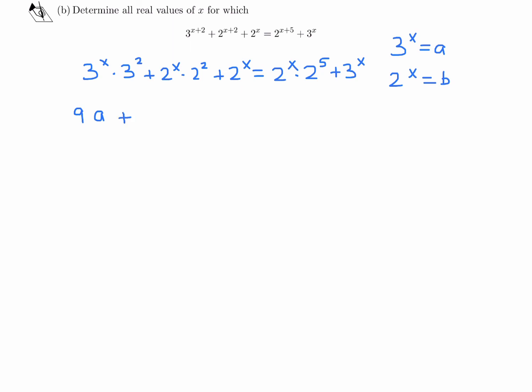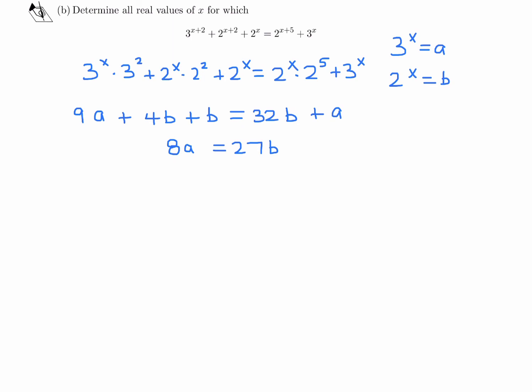And then 2 squared is 4, and 2^x is b, so I've got 4b. And then this part is 32b, and then plus a. So combining all the like terms, I will get 8a on this side, and on this side I will get 27b. So obviously a little bit easier to digest.